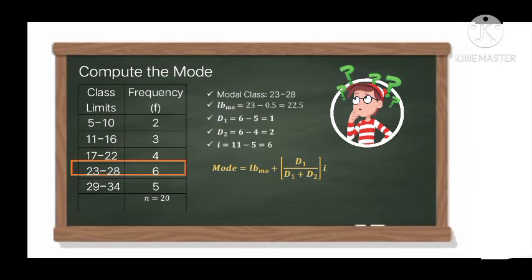Now we're going to substitute that to the formula of mode. So we have 22.5 plus the quantity of 1 divided by 1 plus 2 times 6 is equal to 22.5 plus 1/3 times 6 is equal to 22.5 plus 2 is equal to 24.5.